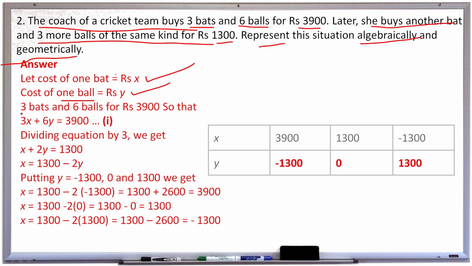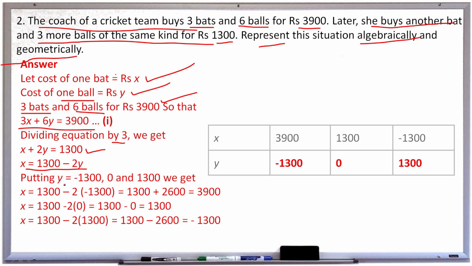The coach purchased 3 bats and 6 balls for rupees 3,900. So we can make the equation 3x plus 6y is equal to 3,900 as per the sum. We can simplify this equation by dividing by 3. We get another equation x plus 2y is equal to 1,300. Again bring 2y to the right side, so x is equal to 1,300 minus 2y.